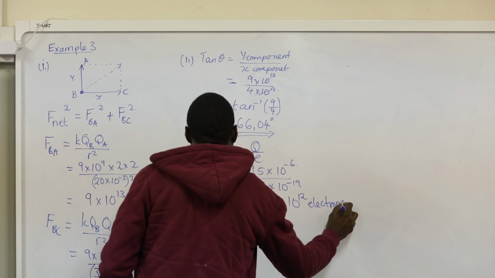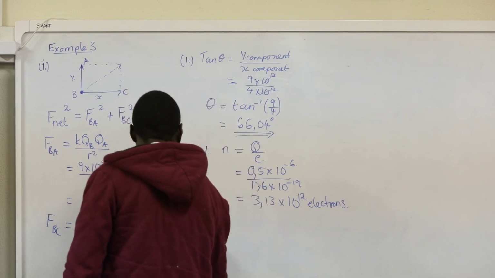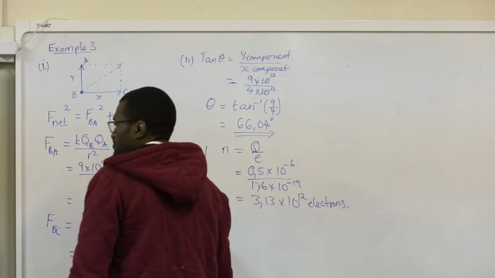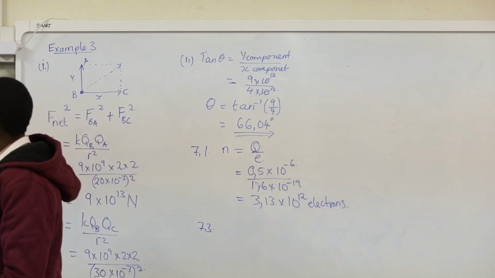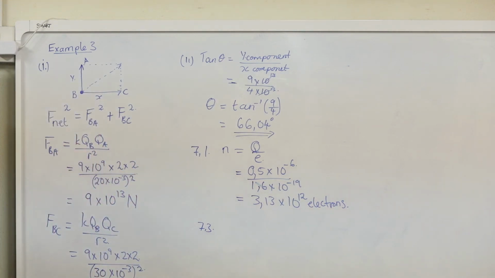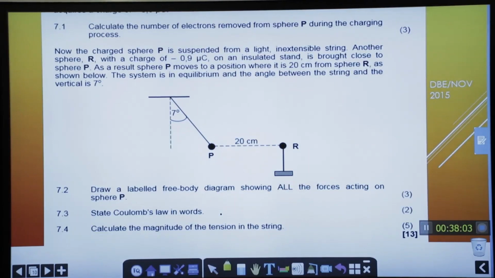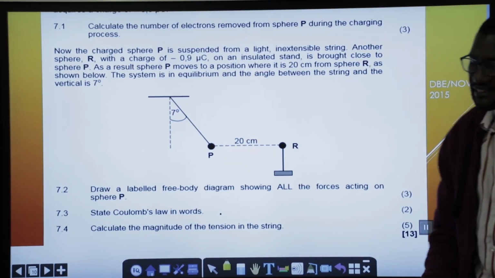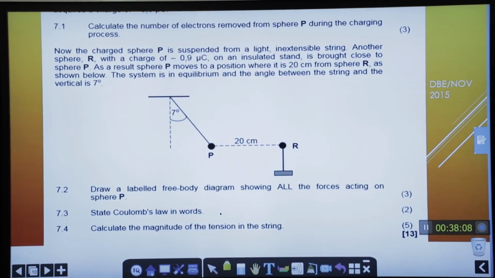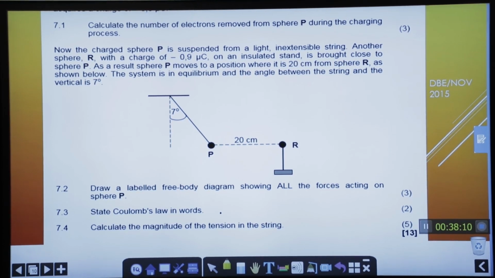electrons. Excellent. All right, 7.3 requires us to state Coulomb's law in words. We've stated Coulomb's law already. We know what Coulomb's law states. Rewind the video. You will find out what Coulomb's law states.